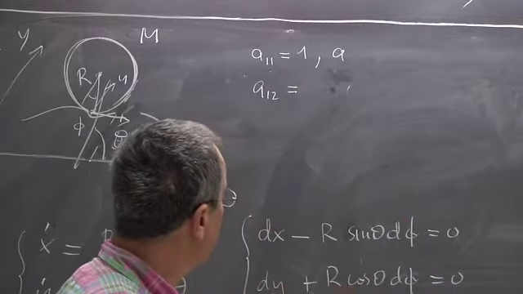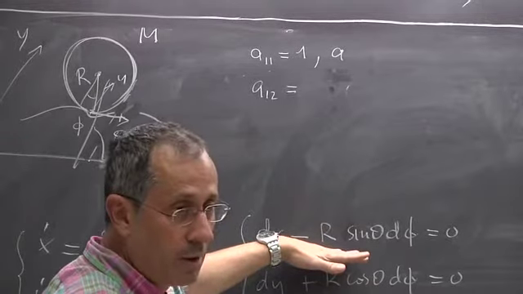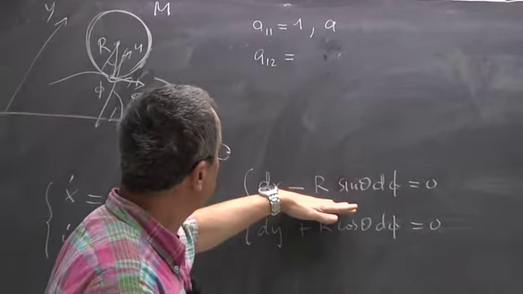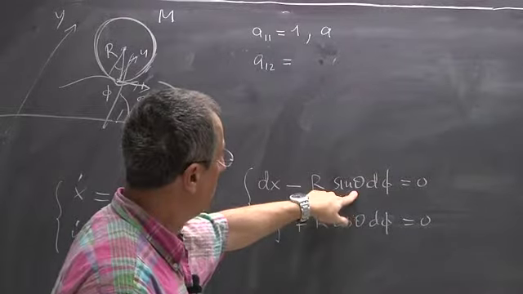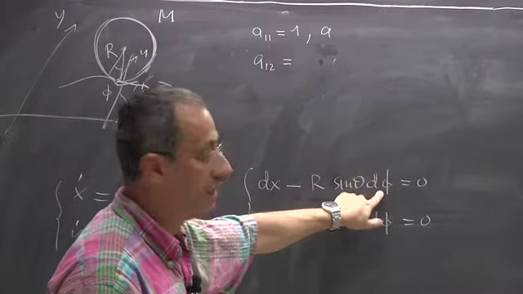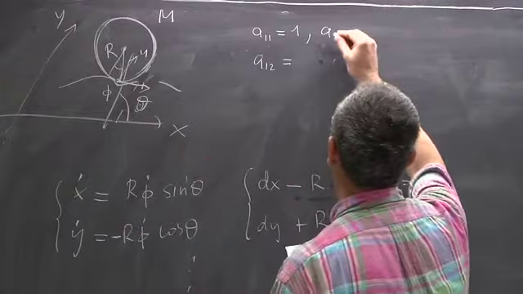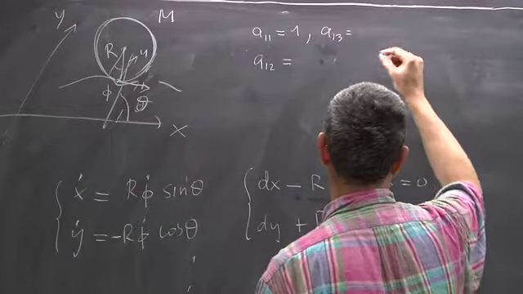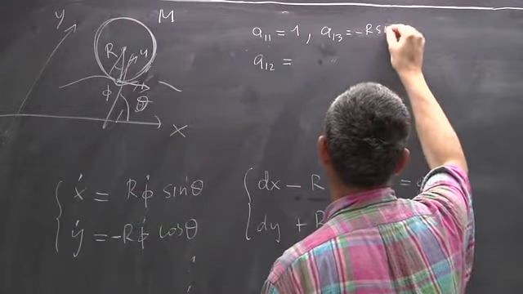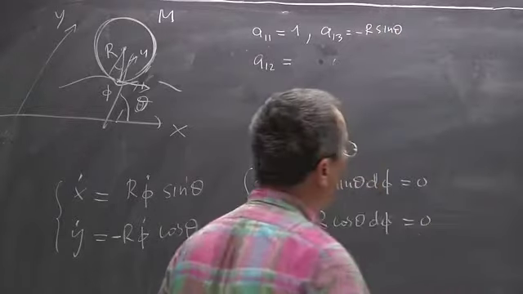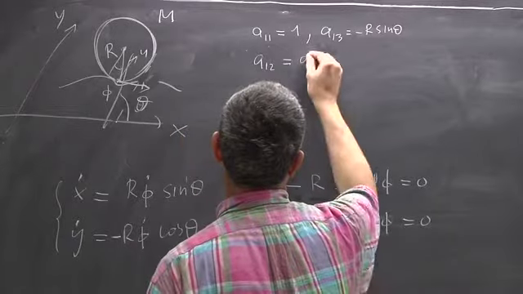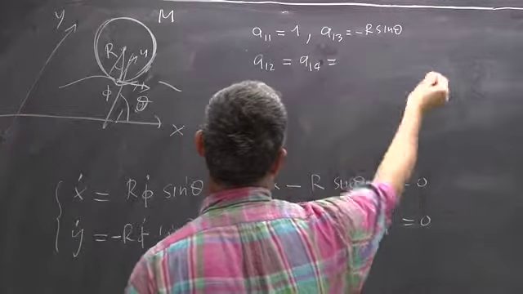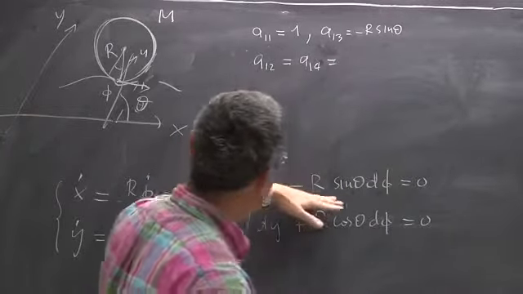You see, there is no dy in the first equation. So it must be 0. What about A13? That is here, so A13 is equal to minus. How about A14? It's not there, so I put it here. That is the list of the zeros. Okay, so I'm done with the first line.